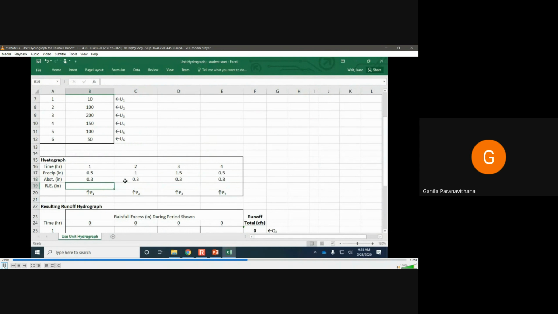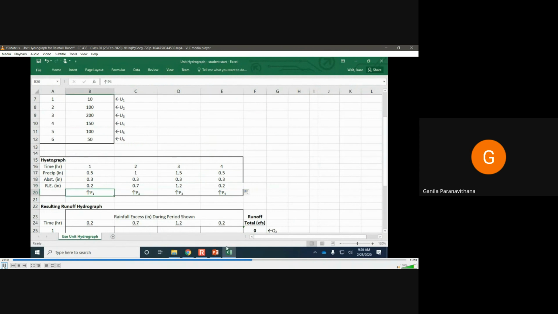So rainfall excess is precipitation amount minus the abstractions. So 0.2 inches during the first hour, 0.7 during the second, 1.2 in the third, and 0.2 in the fourth.